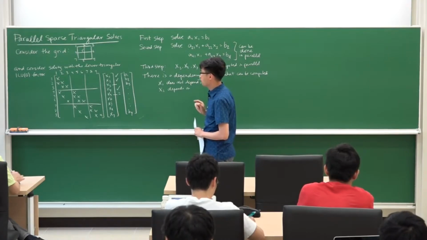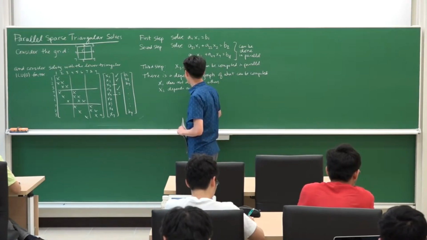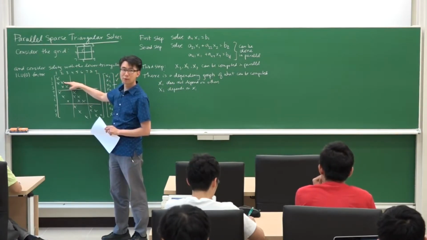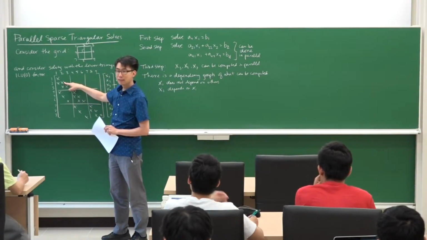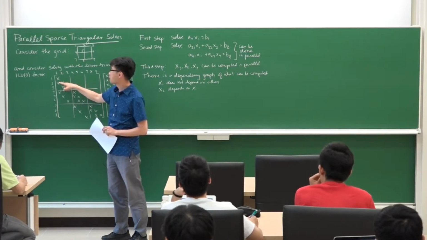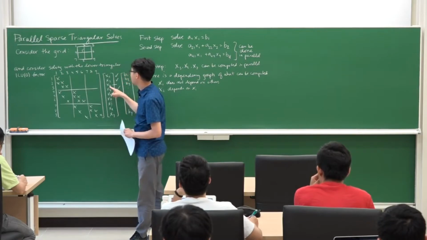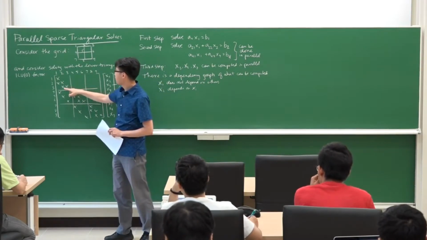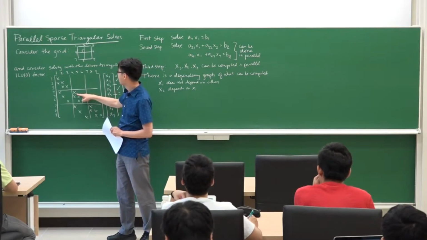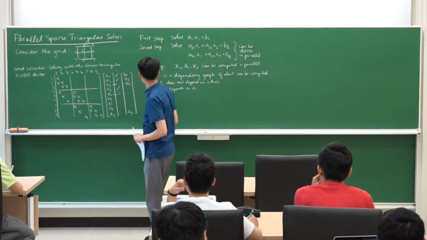It depends on x1. And you can tell by just looking in the row of x2 and seeing what non-zeros are there. So there's a non-zero here in the first column, so it depends on x1. And similarly, x3 will depend on x2. And x4 will depend on x1. Okay?